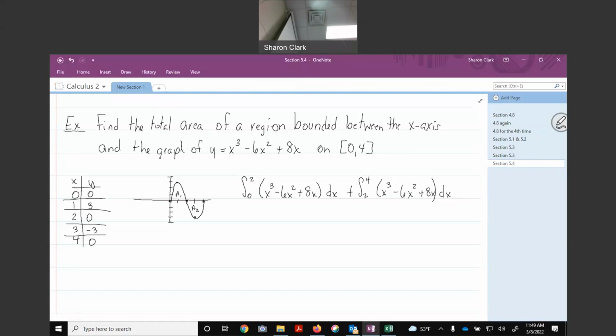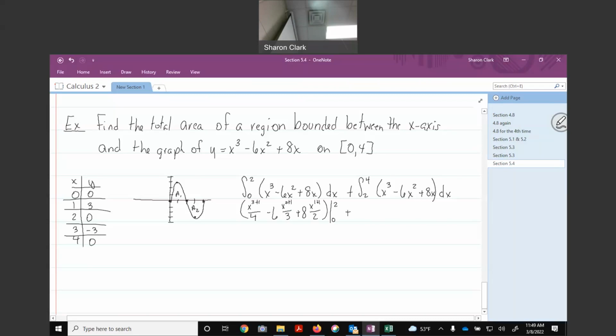Okay, so we're going to integrate. So that's x to the 3 plus 1 over 4 minus 6 times x to the 2 plus 1 over 3 plus 8 times x to the 1 plus 1 over 2, from 0 to 2.